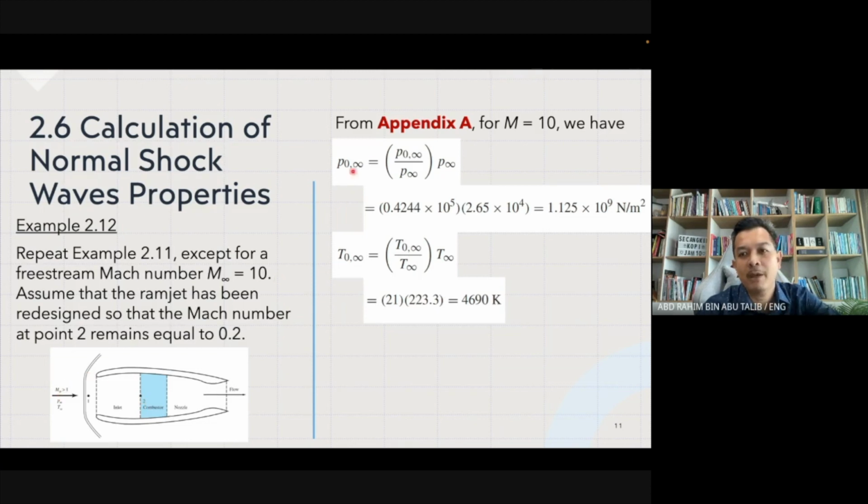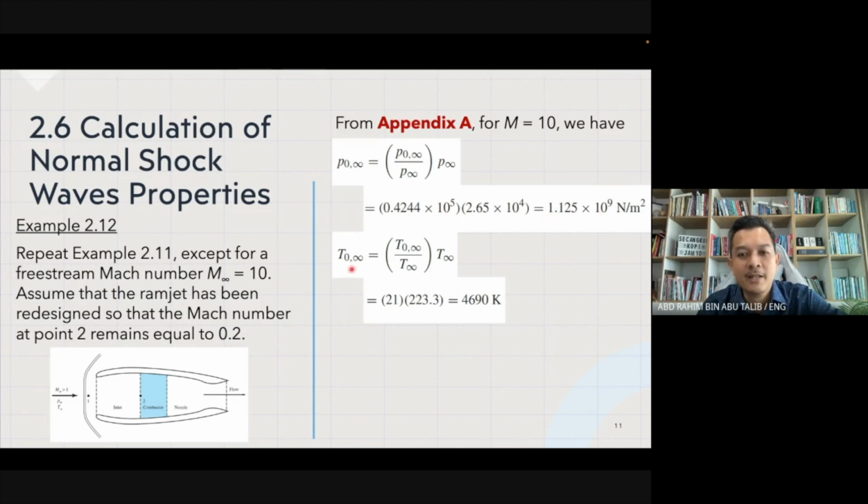From Appendix A, when Mach number equals 10, we have the value of P naught over P equal to 0.4244 times 10 to the power of 5. You put the numbers back inside, and you will then get the value of P naught infinity. You can see that the pressure is quite high.